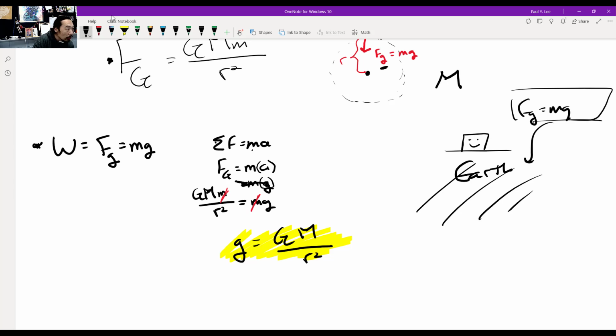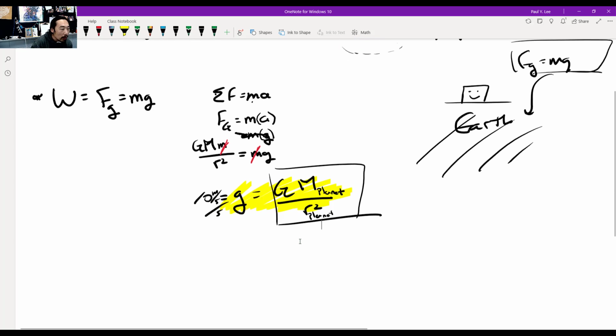For us here on Earth, this is 10 meters per second squared. But we could use this formula for any other planet. I'm going to put the term planet right there, since this isn't on the official formula sheet. If you know the mass of, let's say, Mars, we could plug in the mass of Mars, and here this is the radius of the planet.